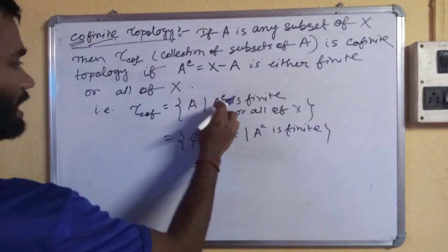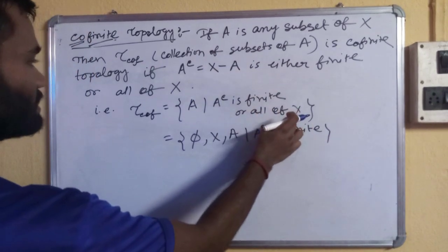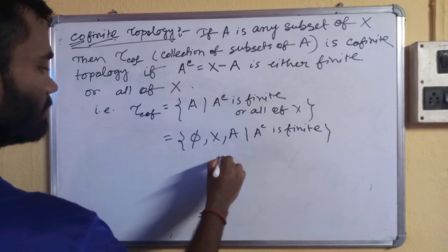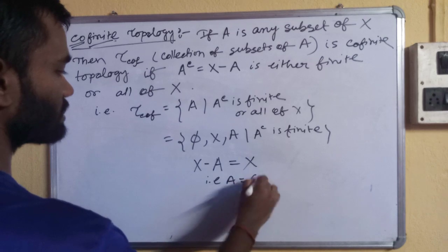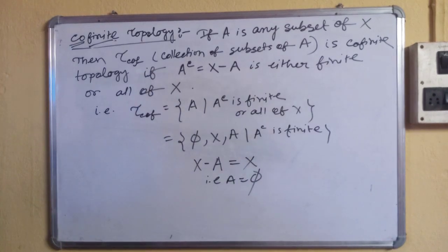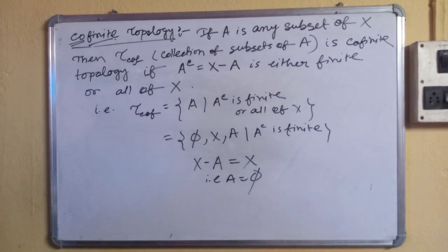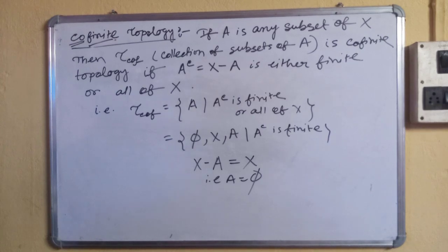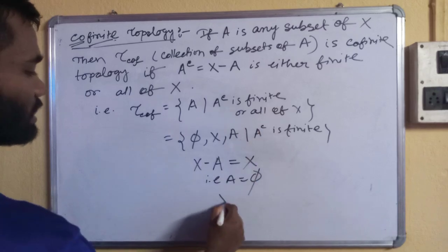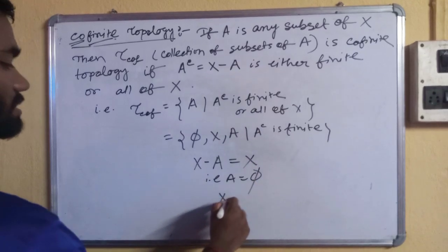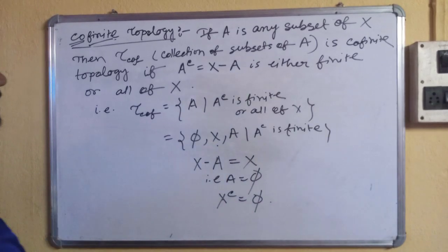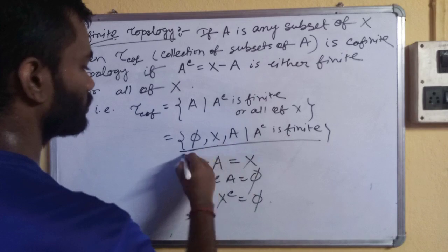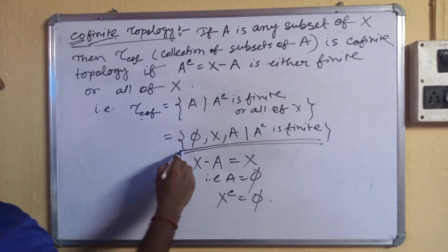See, A complement is all of x means A is phi. And if A complement is finite, taking A as whole x, its complement is phi, which is finite, so x is here. So we may write tau cof like that.